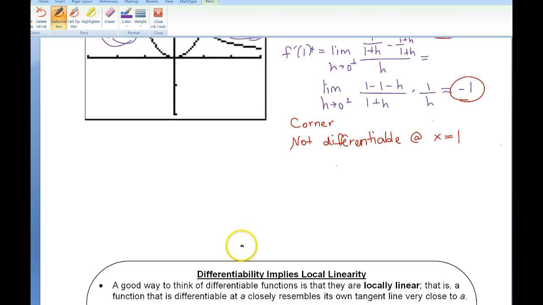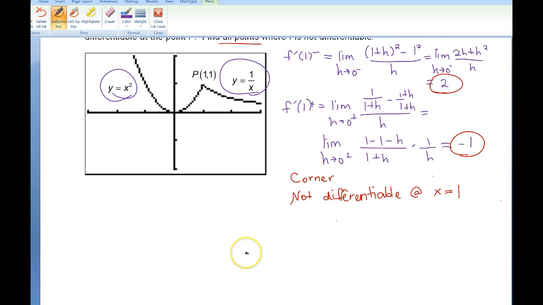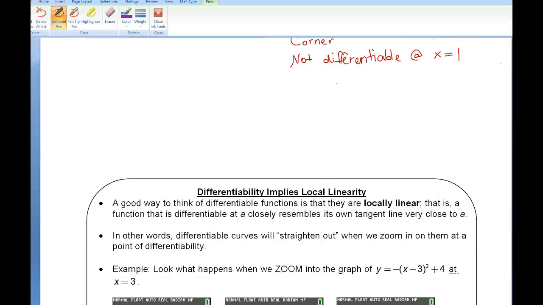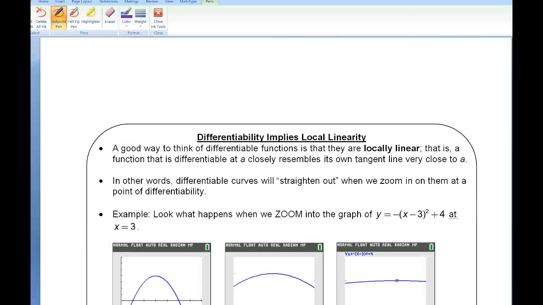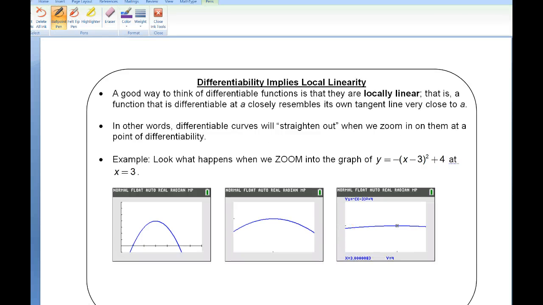We went through this example where we showed that from the left the derivative was 2, from the right it was -1, therefore it's a corner. Yes, Natalie? Yes, the whole quiz is calculator. Best news I've heard all day.